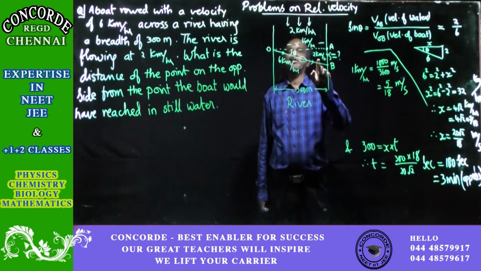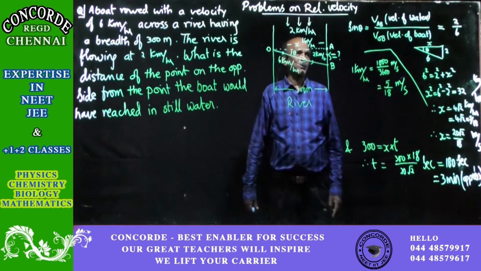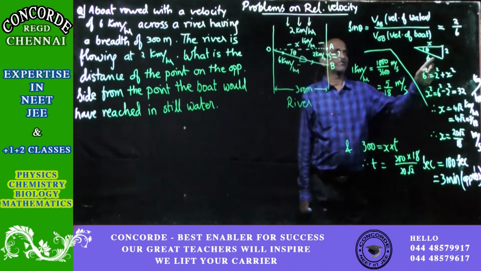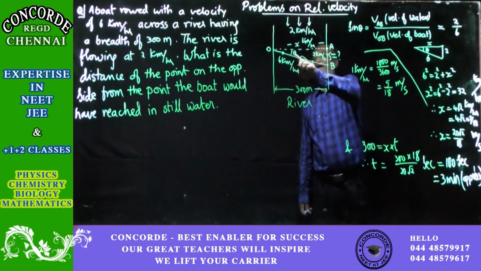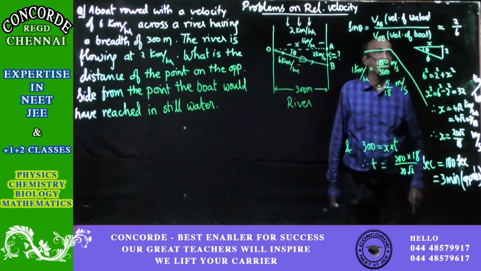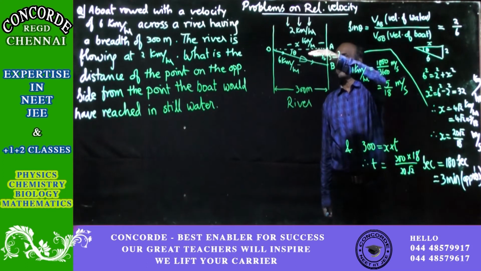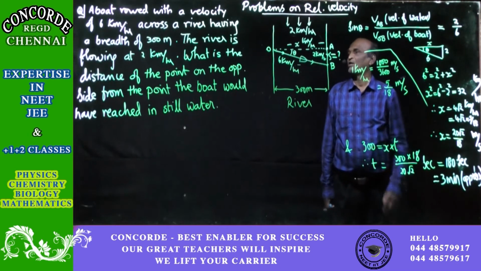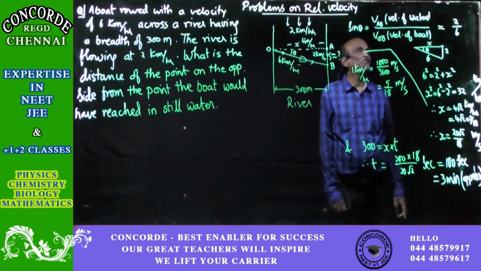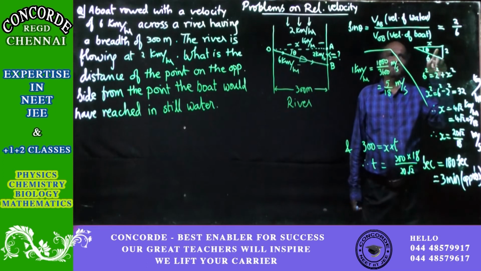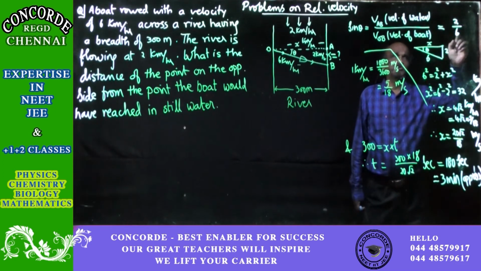Using this 2 kilometers per hour and 6 kilometers per hour, for which I have shown a separate diagram, let this angle be theta, the angle through which the boat is deflected from the straight line across. From there, sin theta is equal to opposite side by hypotenuse, which is 2 by 6.